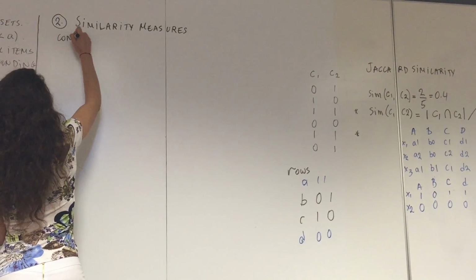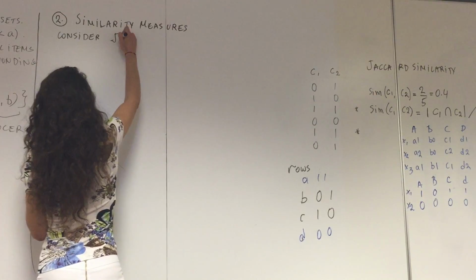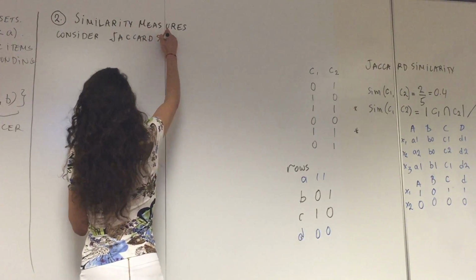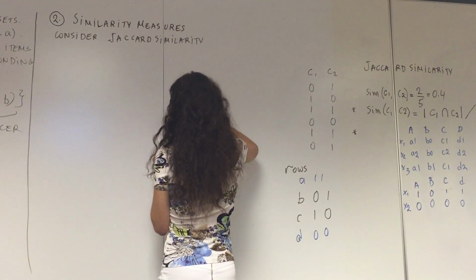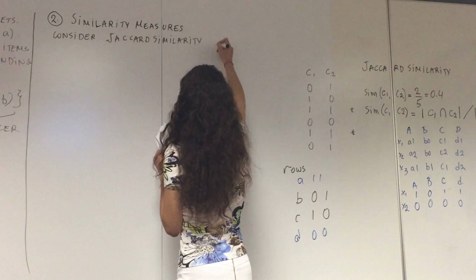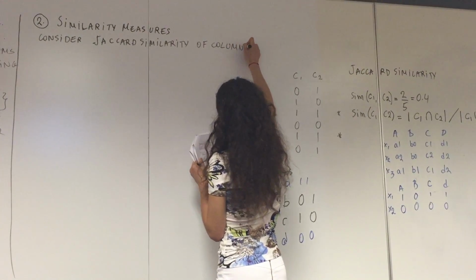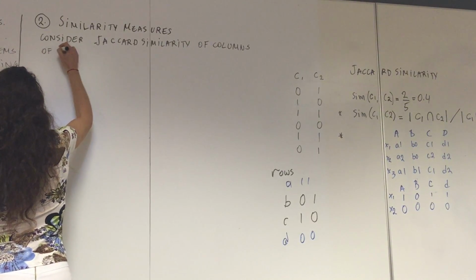So problems, let's consider Jaccard similarity of columns of a Boolean matrix.